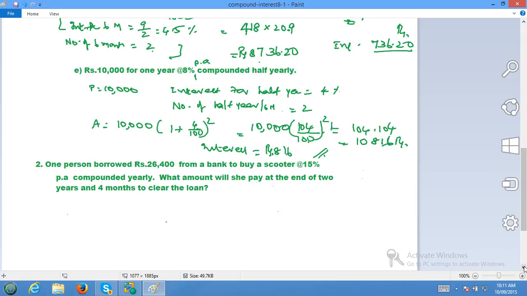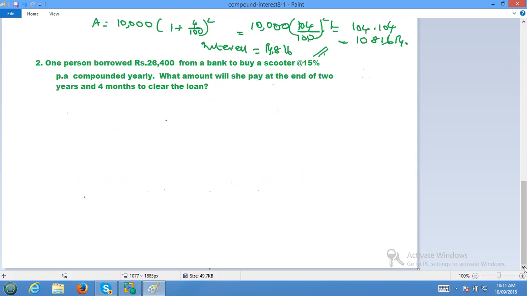So we go to the next problem. One person borrowed 26,400 from a bank to buy a scooter. When you borrow, the interest rate goes up. It is 15% per annum, compounded yearly.